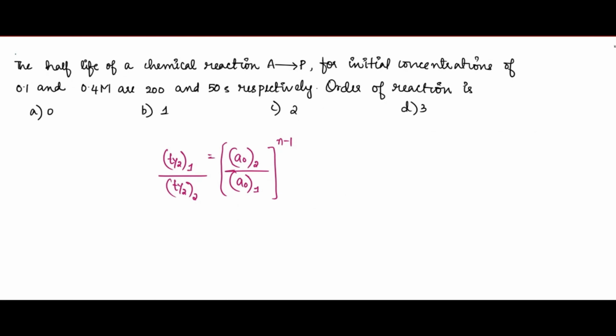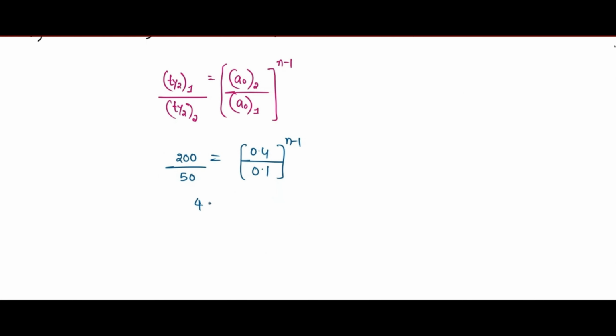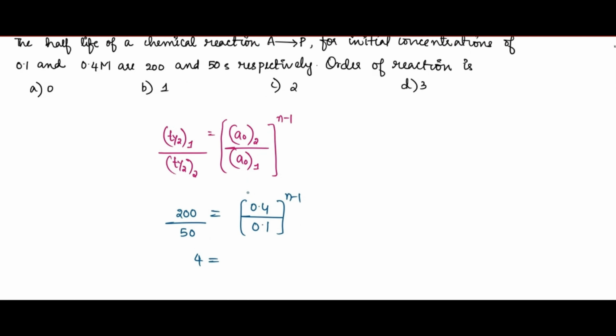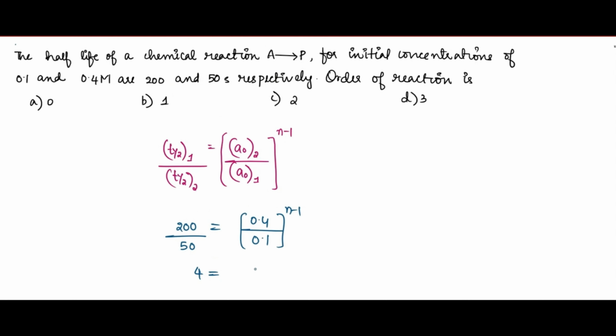So let's try. The first T half is 200 divided by the second one is 50. Initial concentration, the second is 0.4 and the first is 0.1, to the power n minus 1, right? So 200 by 50 is 4, and this is 4 to the power n minus 1.